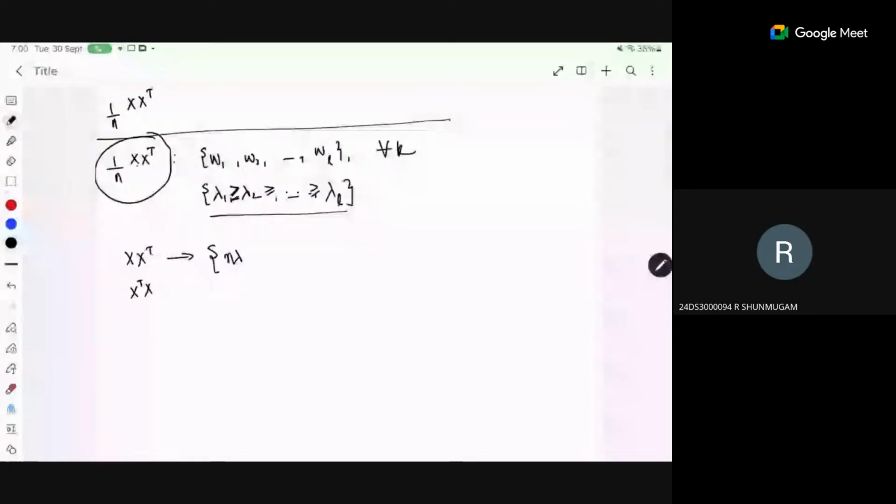It is going to be n lambda 1, n lambda 2, and so on. So this is the eigenvalue for the matrix XX transpose.